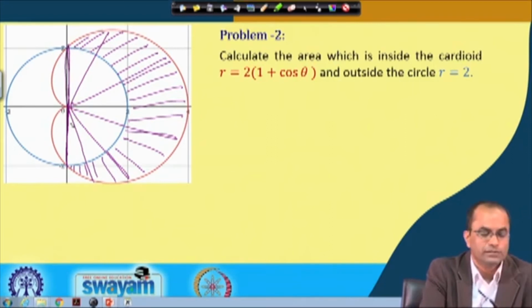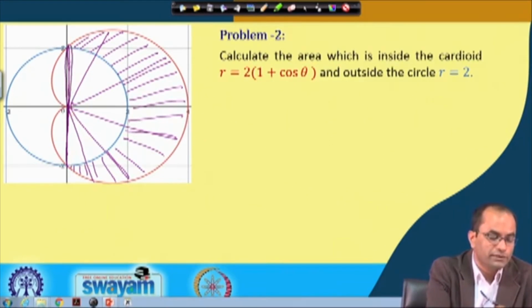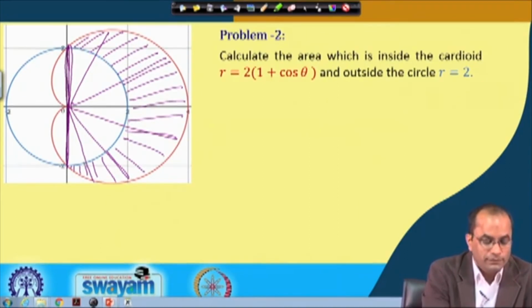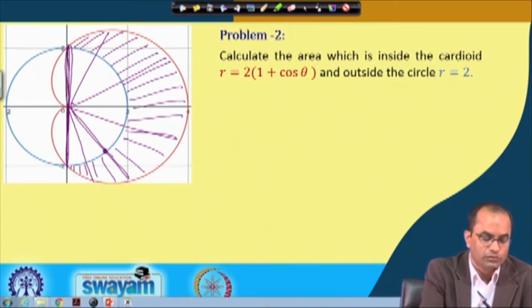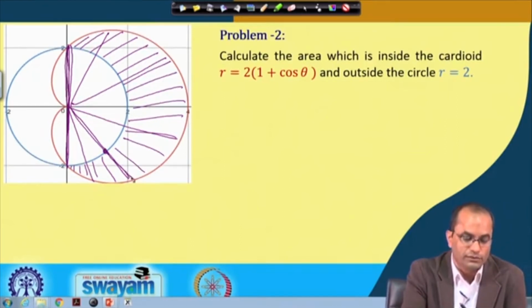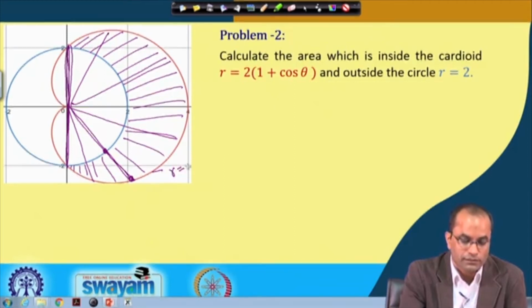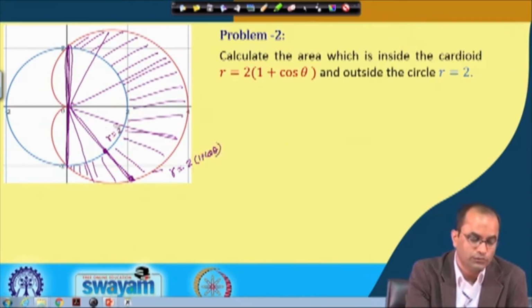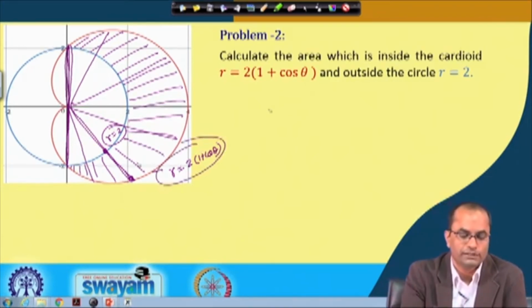So, the limits of theta we can take from minus pi by 2 to pi by 2, and for r it is always from the circle, which is r is equal to 2, to r is equal to the cardioid. So, here is r, this cardioid here is r equals 2 times 1 plus cos theta, and this is r is equal to 2. So, the limits of r will be also easier to evaluate, and for theta as well.